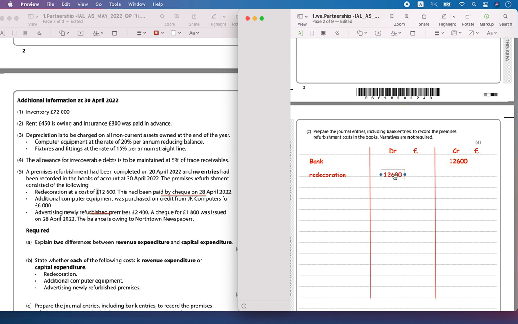And redecoration is an expense account, so it is going to appear on the debit side.